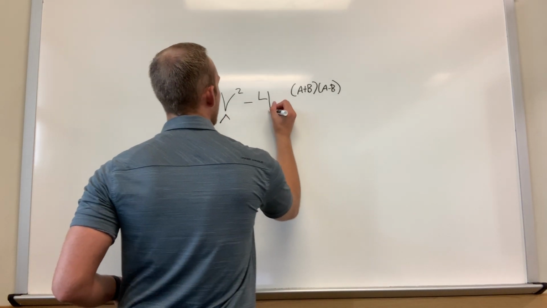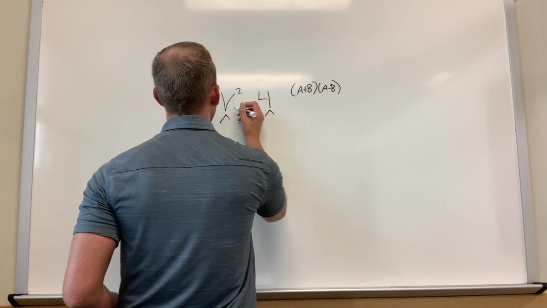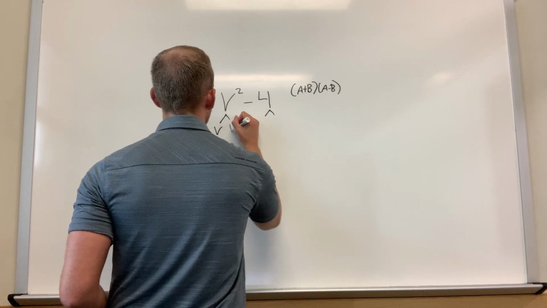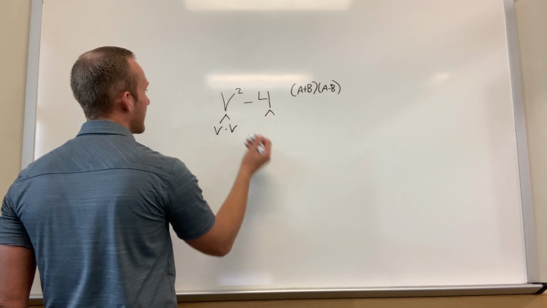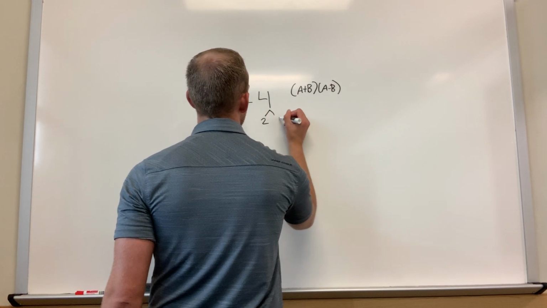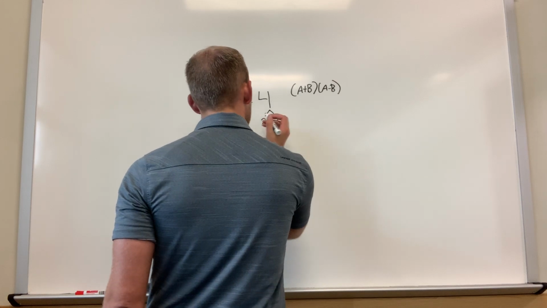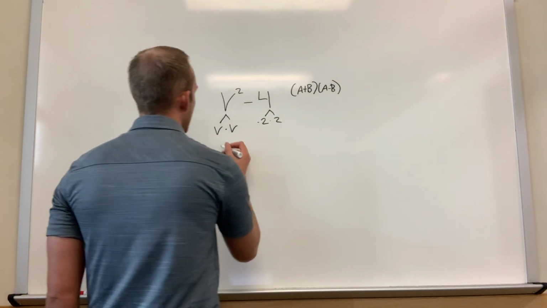All right, so we need to find two A's and two B's. So V, that'd be V and V. So if you times these, that would equal V squared. 2 and 2. And if one of those is negative, that would equal -4.